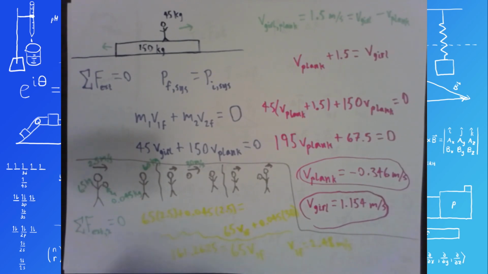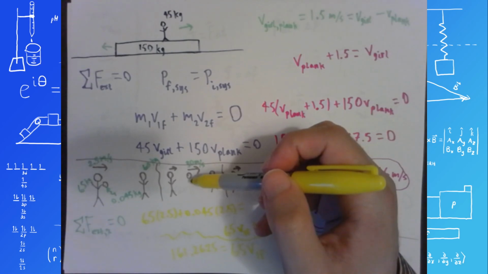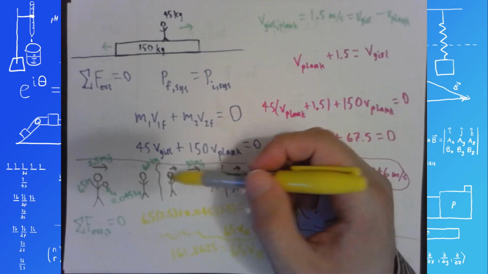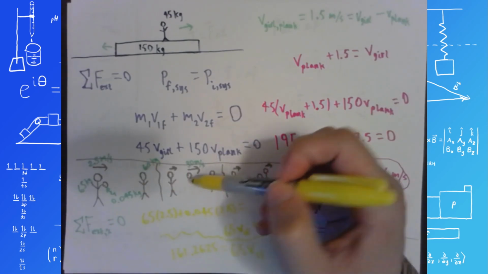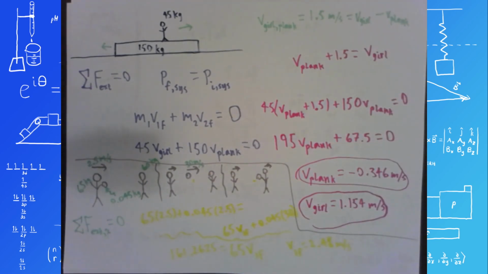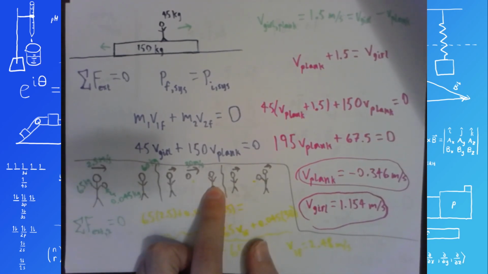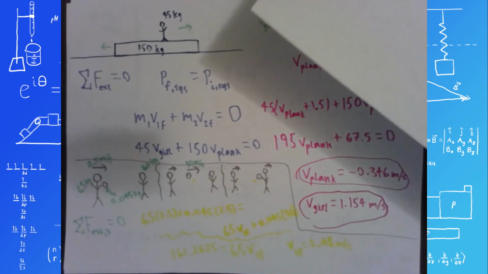Okay, so that's the first collision, or I guess backwards collision if you think about it, from here to here. Now we want to look from here to here. What happens? And this is going to require a new sheet of paper. So we have a snowball at 30 meters per second collides with a person at rest. The snowball has 0.045 kilograms of mass and the person at rest has 60.